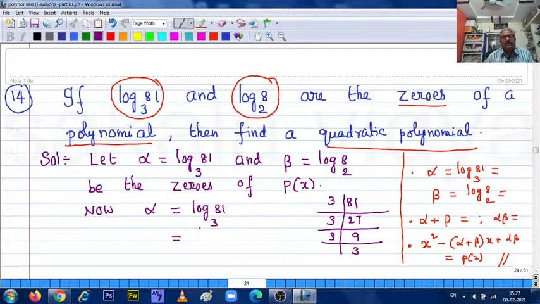This equals log 3 to the power of 4 to the base 3. Using power rule, this we can write 4 times log 3 base 3. Log 3 base 3 is 1. So 4 times 1 means 4. Alpha is nothing but 4.